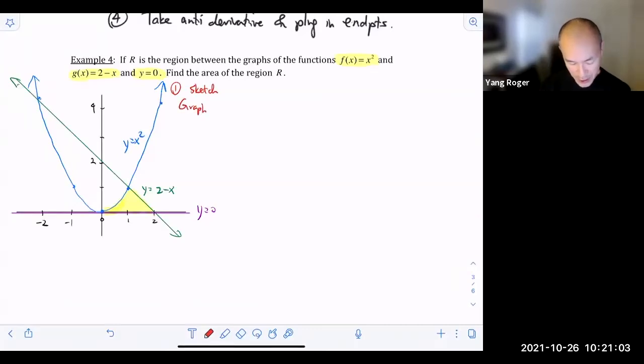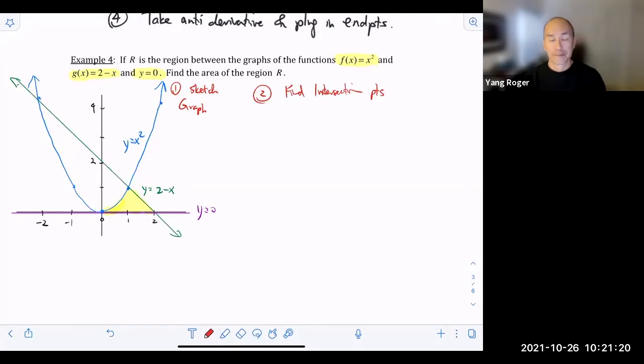The next thing we got to do is find the intersection points. I guess the first thing I could do is find this point right here.